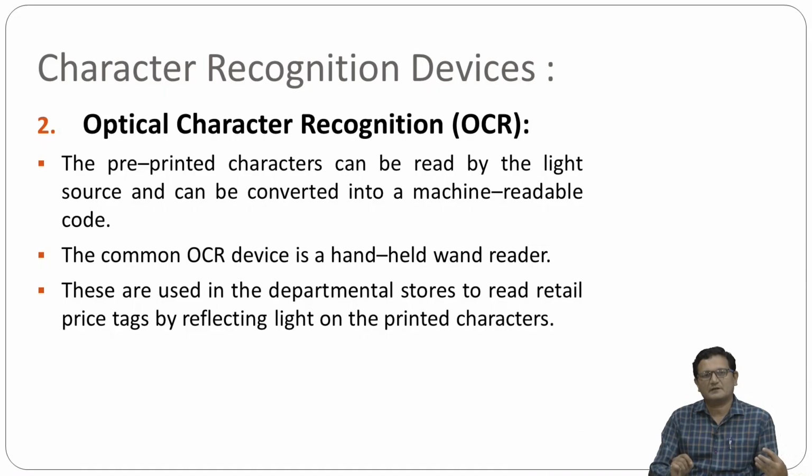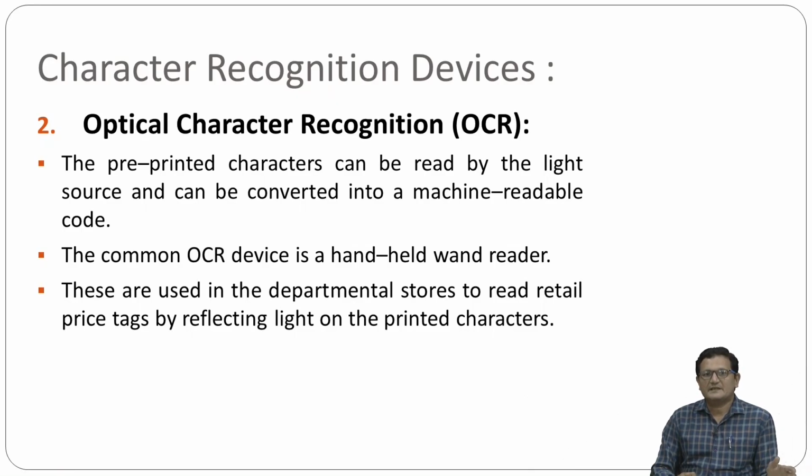So what alphabets are there, A, B, C, D, then 0 to 9, and based on that your document will be prepared. Here you can edit that document, because you can open it in Word-like software. So the pre-printed characters can be read by the light source, and that will be converted into machine readable code.